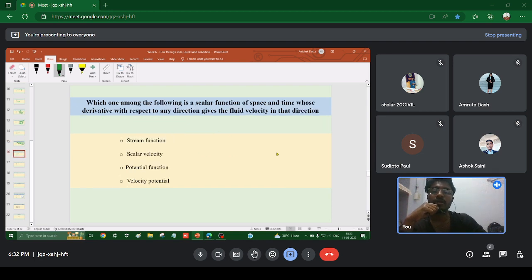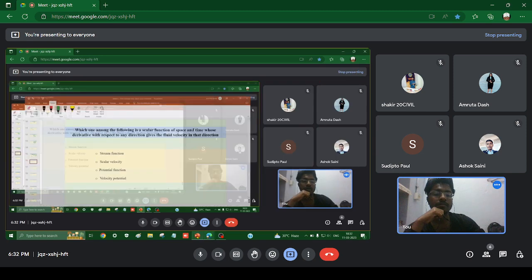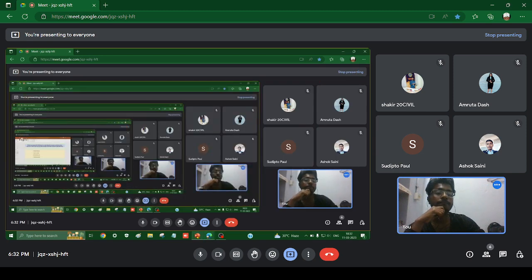Which one among the following is a scalar function of space and time whose derivative with respect to any direction gives the fluid velocity in the direction? What is the answer? Anyone? If your mic is not working, please write in the chat box. If you don't know the answer, please raise your hand.